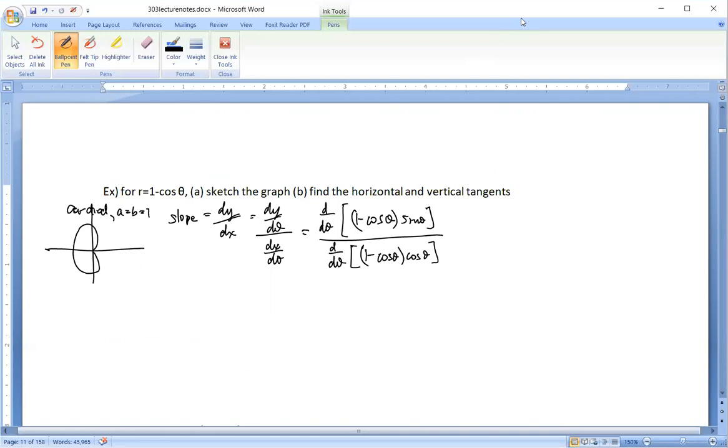So let's work it out. A couple ways to do this. I'm deciding to use the product rule.